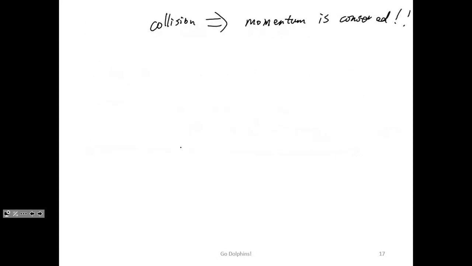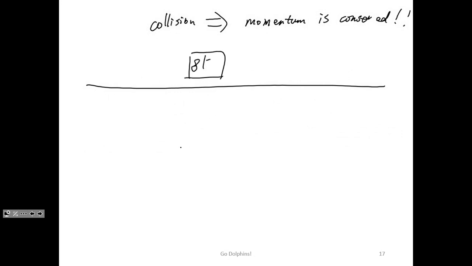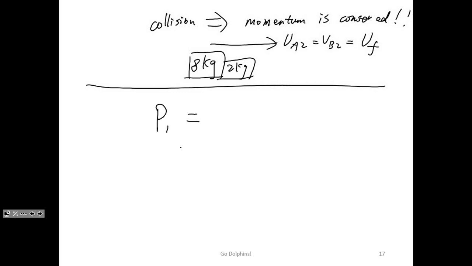After the collision, MA and MB should stick together. Let me draw after the collision. After this collision, you have 8 kilogram, 2 kilogram. They should have the same velocity. Let's call it VF. They move together. And so we have the momentum conservation equation. MA VA1 plus MB VB1, that's the initial momentum.